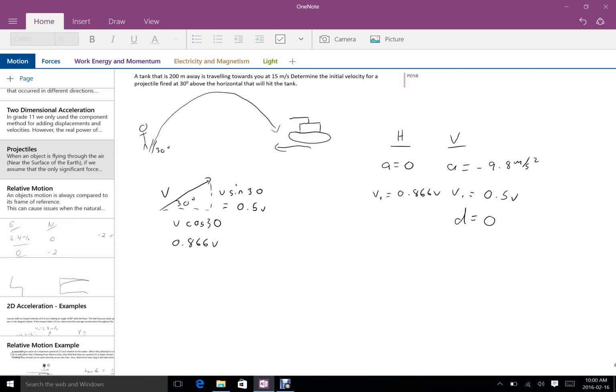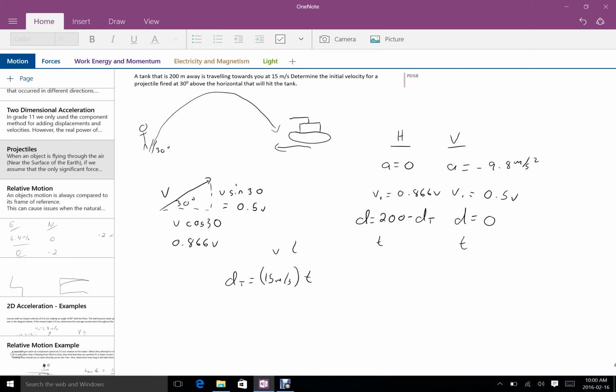And what we're going to do as we do in all projectile questions is recognize that the time of flight is the same regardless of whether we're talking about the horizontal or vertical direction. And finally, in the horizontal, we want a range that is equal to 200 minus the displacement of the tank. Now the tank is moving at 15 meters per second, and we don't know how long it's going to get to move for.